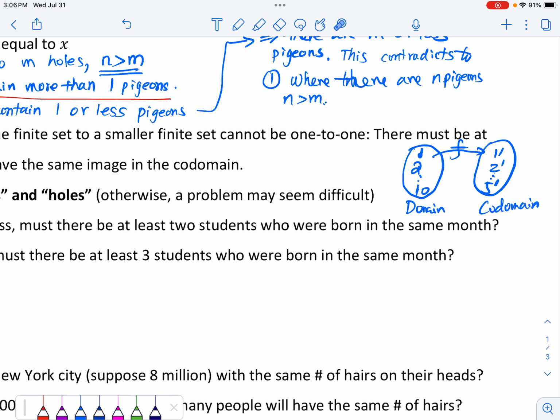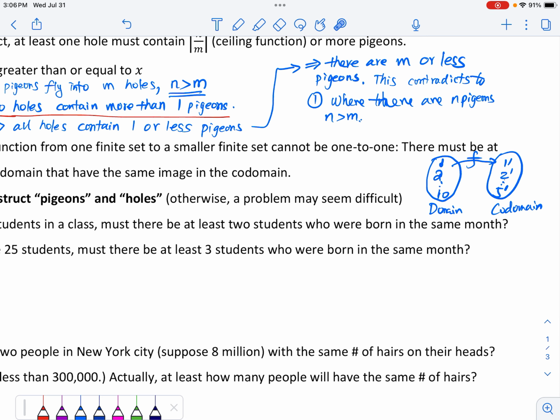Now, this cannot be one-to-one because you don't have enough elements in the codomain to be one-to-one. So there have to be some elements in the domain that will have the same image in the codomain. They will be mapped to the same element, right?